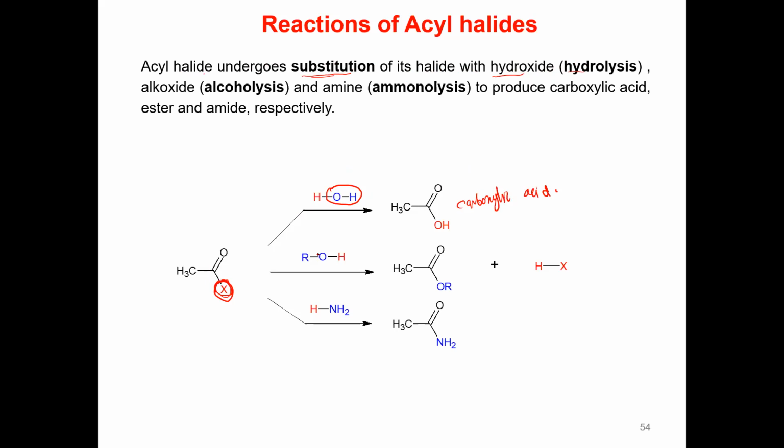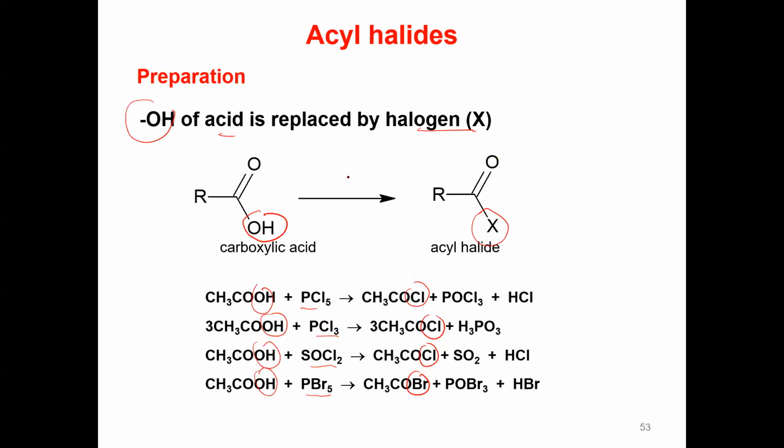Sama je dia bila dia dalam bentuk carboxylic acid kan, awak react dengan PCl5, so hydroxyl tu yang akan substitute dengan chlorine tadi, halogen atom, macam previous ni kan.